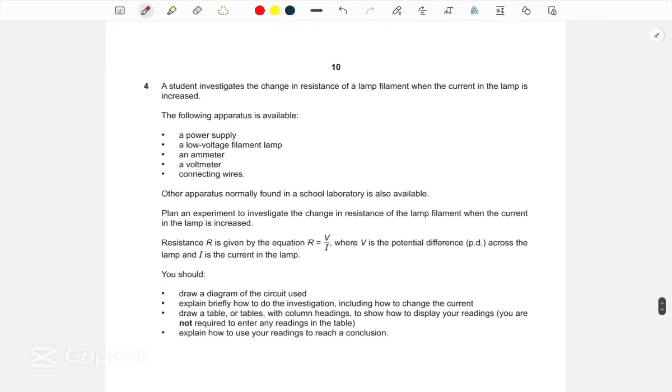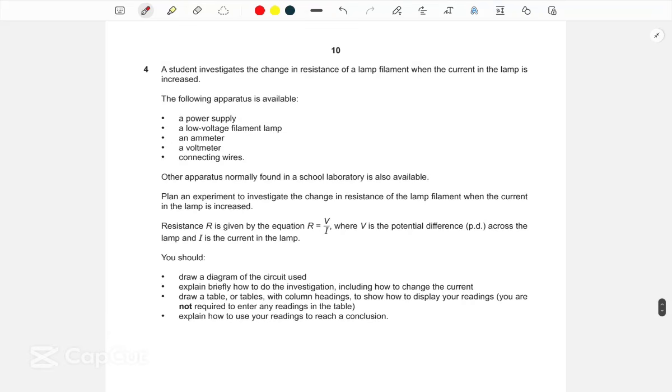So the next one. This is about resistance. A student investigates the change in resistance of a lamp filament when the current in the lamp is increased. So the following apparatus is available: a power supply, a low voltage filament lamp, an ammeter, a voltmeter, and connecting wires.